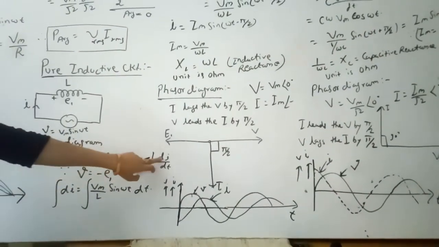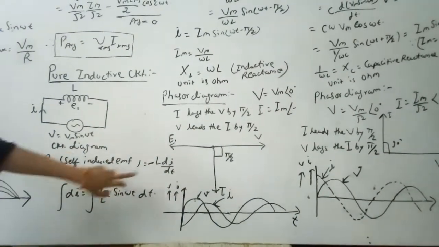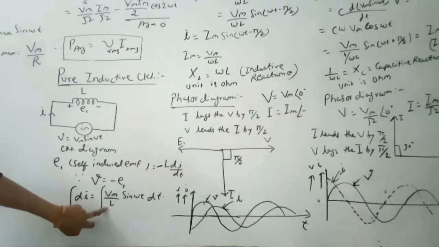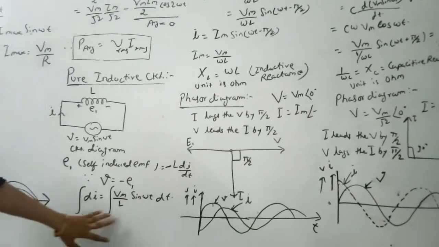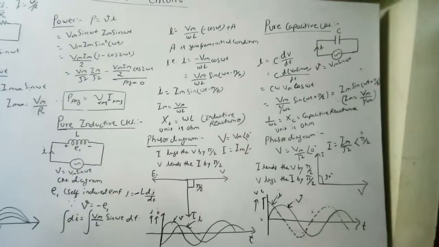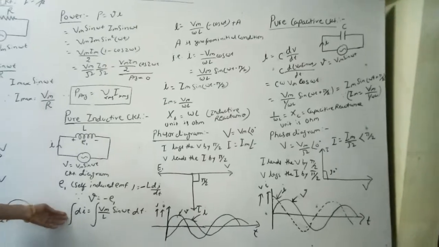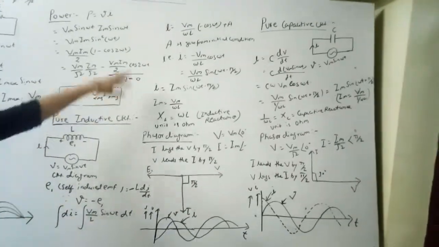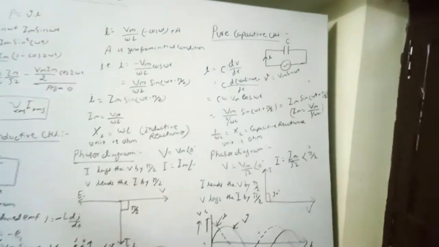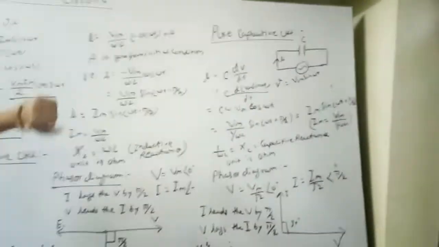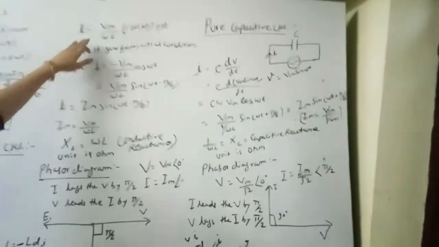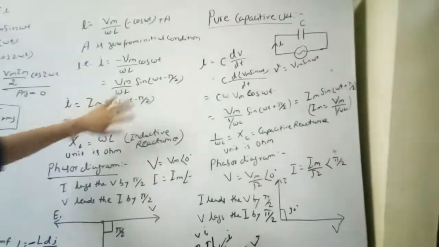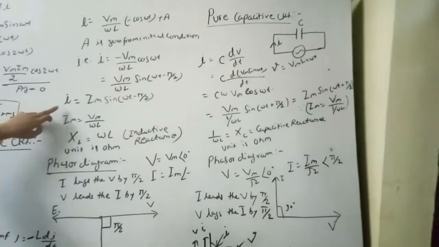So from here we can derive the current: di equals Vm by L sin omega t d omega t. By integrating we can calculate the current, I equals Vm upon omega L times minus cos omega t, and this can be converted into a sinusoid, that is sin of omega t minus pi by 2.